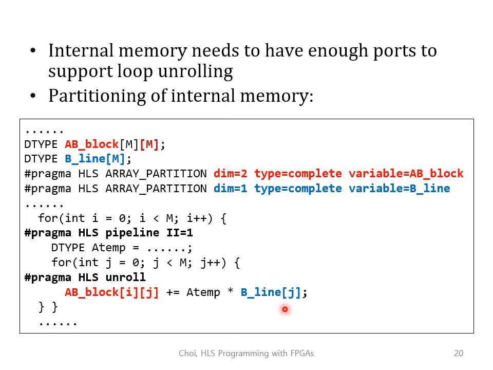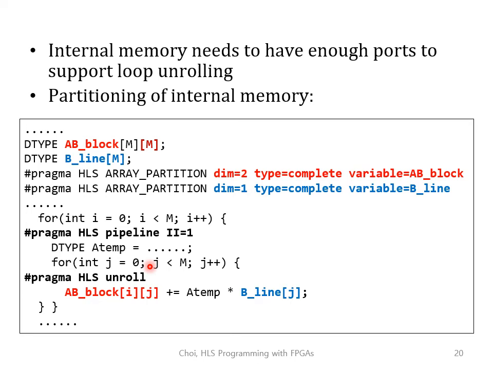Okay, and we also need enough partitions to read and write enough AB blocks in parallel. We don't need to fully partition the AB. We just need enough ports to parallelize the J loop. Okay, so for the B line, we partition the entire array. For the AB block, we just need to partition dimension 2, this one, the one that corresponds to the J loop.